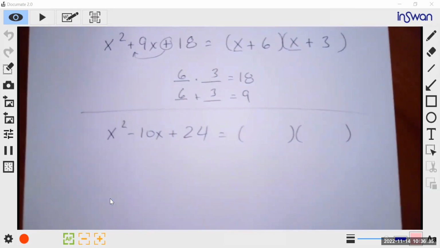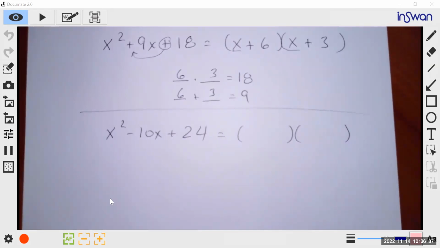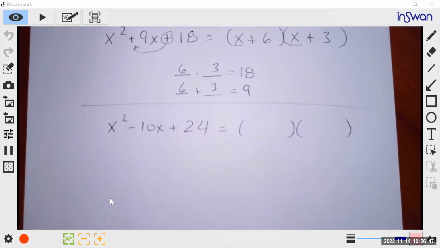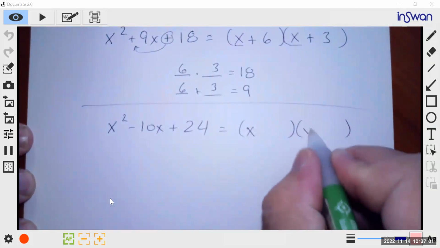And how about this one? x squared minus 10x plus 24. Again, x's go first.